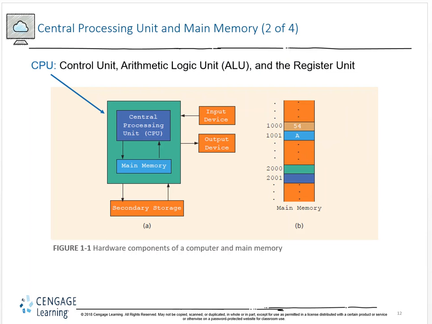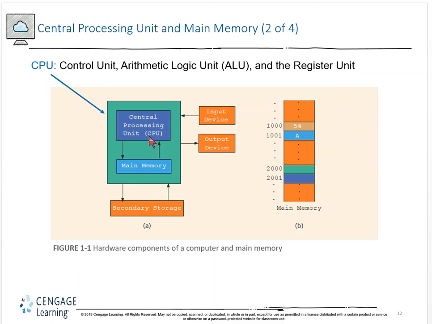This diagram of the CPU and the various components it interacts with includes several different parts of the CPU. Notice I list here the CPU, and then I have the control unit, the arithmetic logic unit, or the ALU, and the register unit. All work together to create the central processing unit, or the CPU.